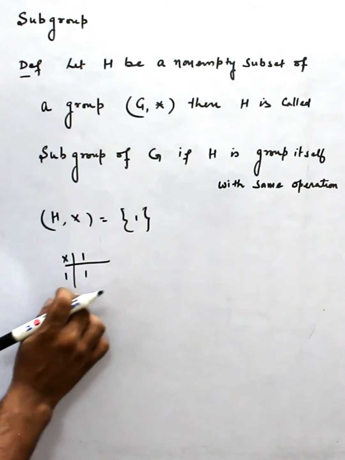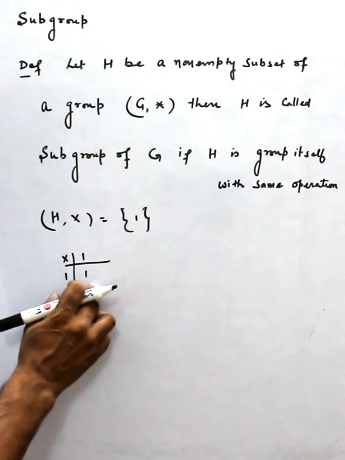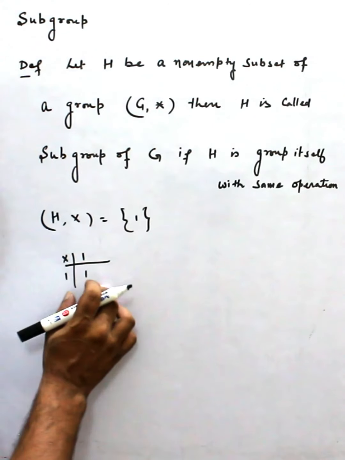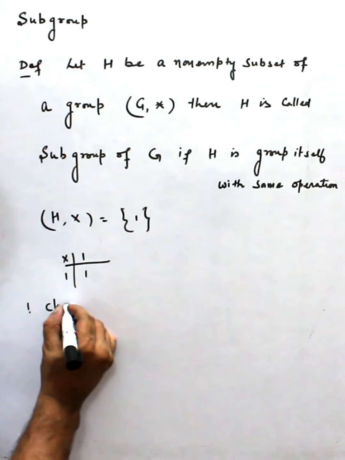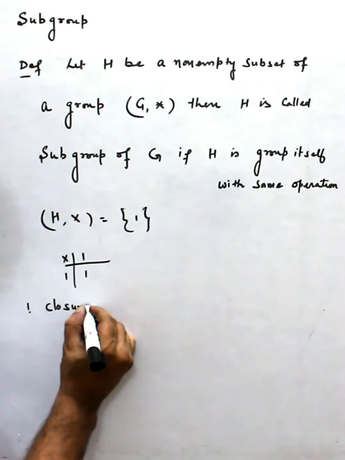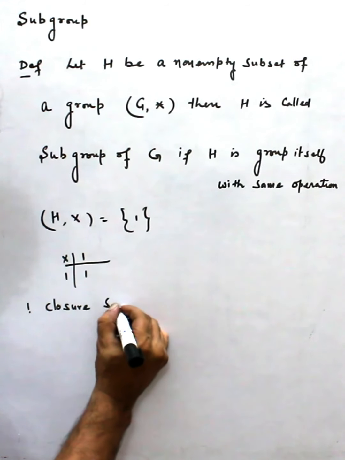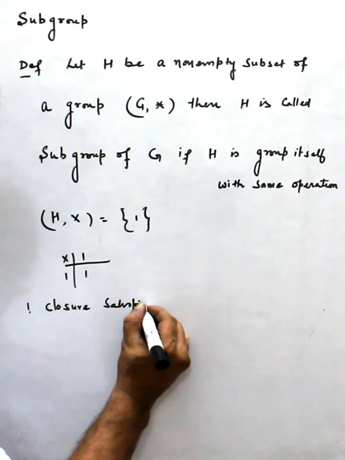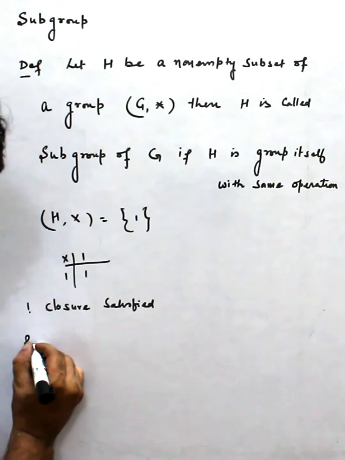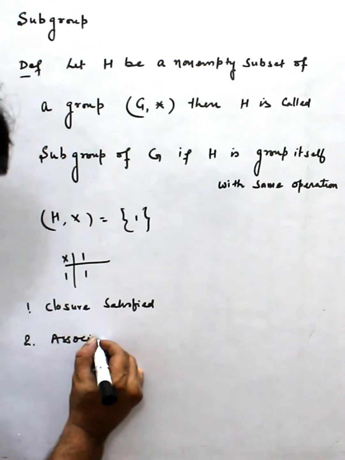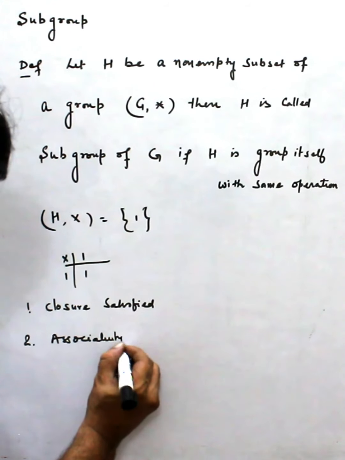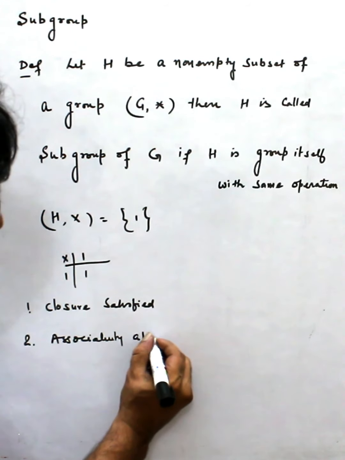So I get 1. However many times I multiply, I always get 1. So it is closed, obviously. Closure satisfied. Number 2, associativity can also be checked easily.